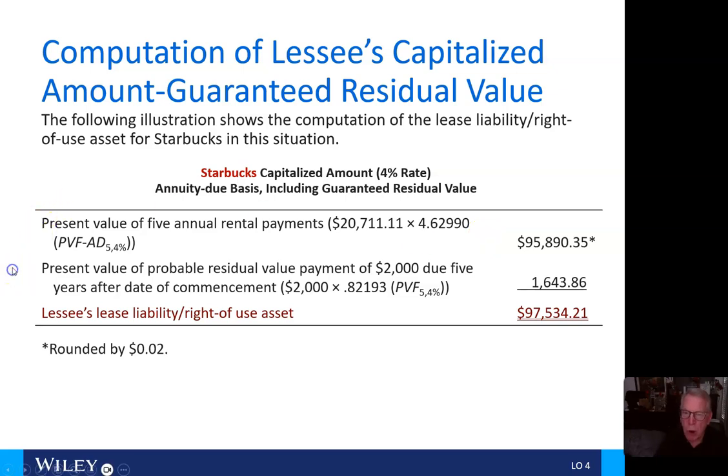Now, the present value of the probable residual value payment due 5 years after the date of commencement is that $2,000 times the present value at 5 years and 4%, and that is $1,643.86. If we add the two together, we get the lessee's lease liability and right of use asset at $97,534.21.